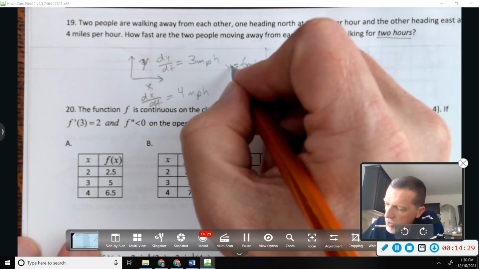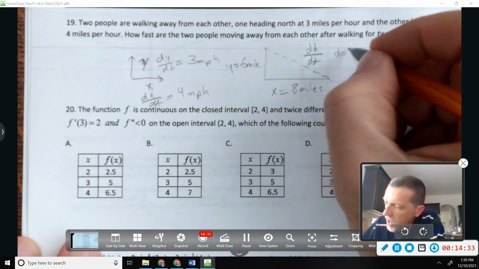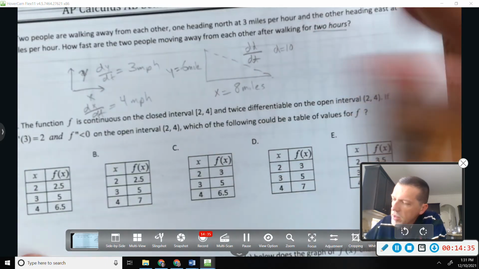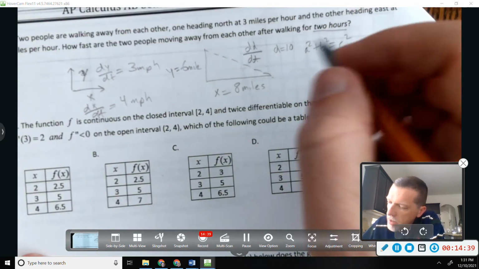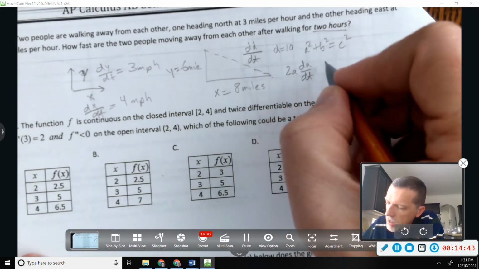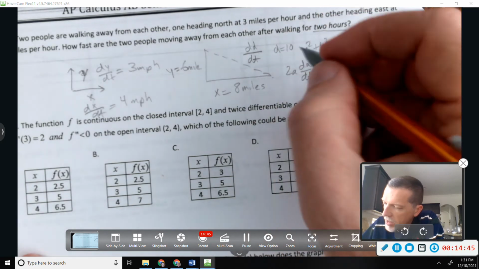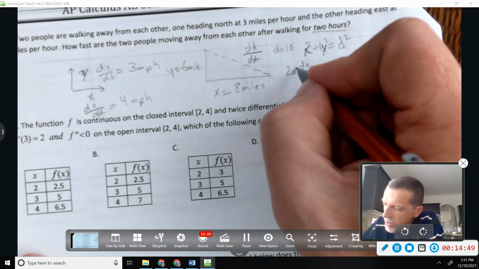So y equals 6, x equals 8, d equals 10. A squared plus b squared equals c squared. Whoops, I was doing x's and y's. So x squared plus y squared equals d squared.